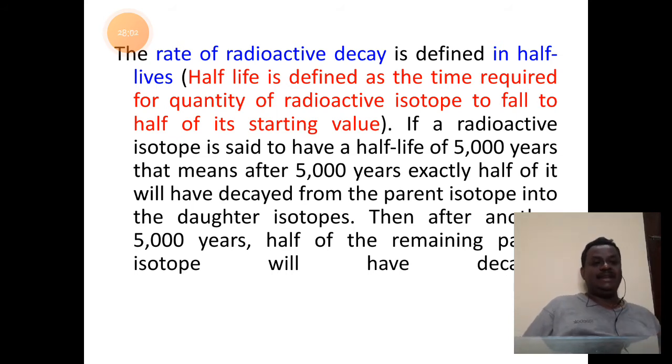To understand it, take a radioactive isotope said to have a half-life period of 5,000 years. What does this 5,000 years of half-life refer to? It means the original number of isotopes will reduce to 50% in 5,000 years.